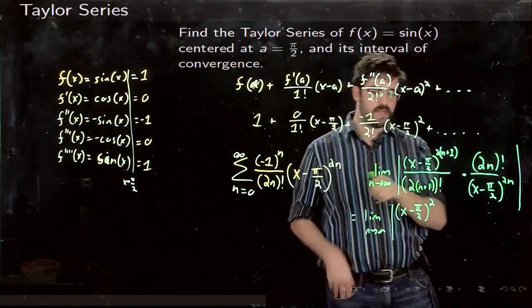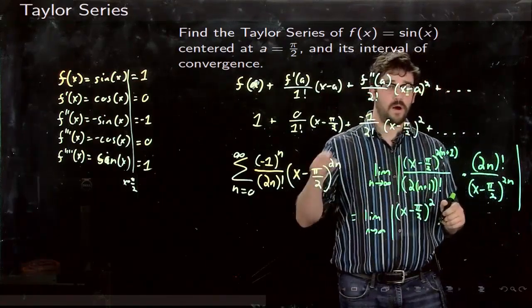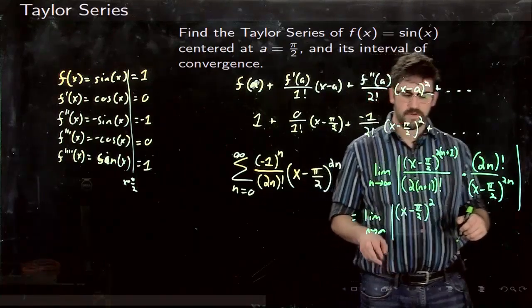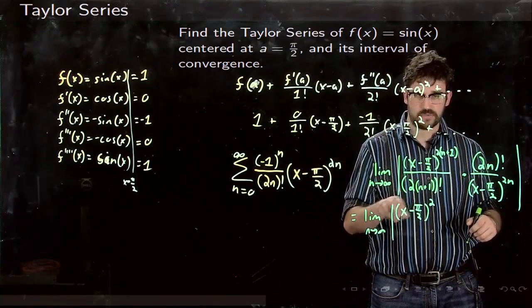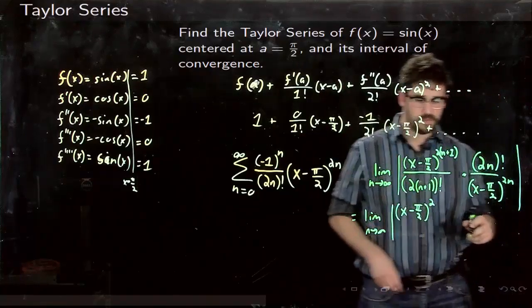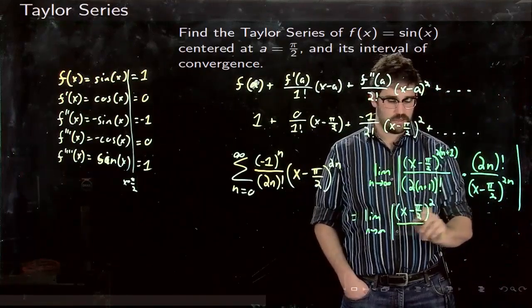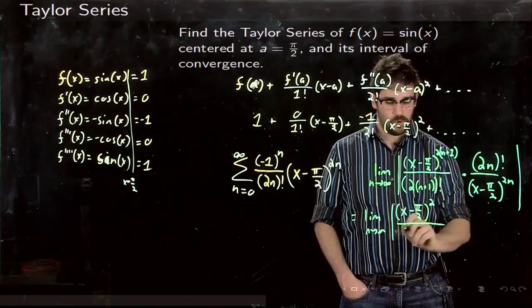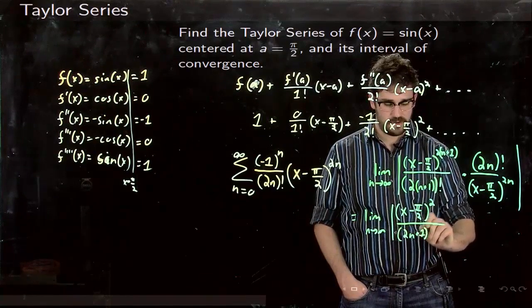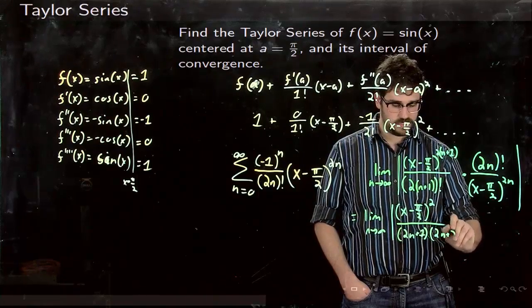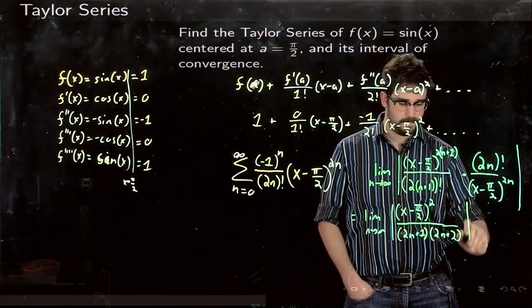We have this all the way to 2n factorial, but we also have a 2n plus 1 and a 2n plus 2. So when we cancel things out, we're going to have a 2n plus 1 factor down here and a 2n plus 2 factor as well.